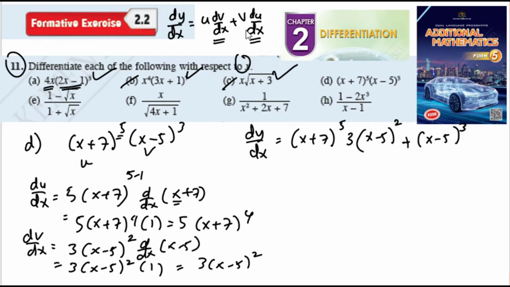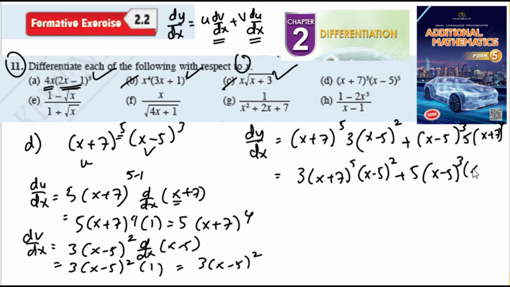And then du over dx is equal to 5 times (x plus 7) to the power of 4. So we see here, okay, just put it here so that we can see 5(x minus 5) to the power of 2. And then we have 5 here. So (x minus 5) cubed, (x plus 7) to the power of 4.